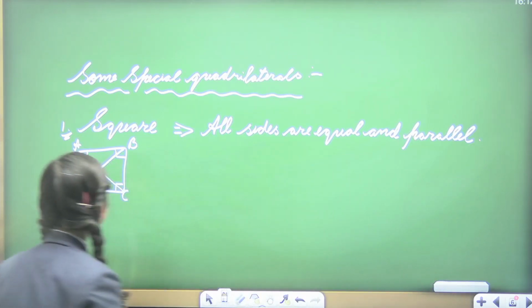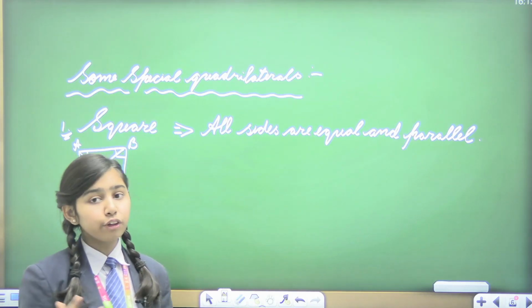So parallel means that two lines that do not meet each other.